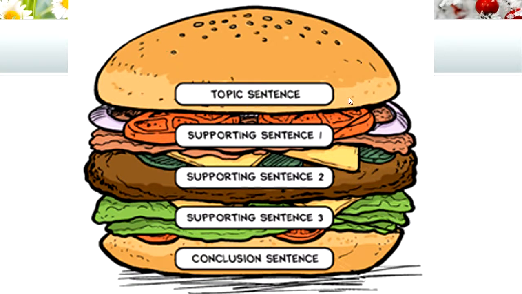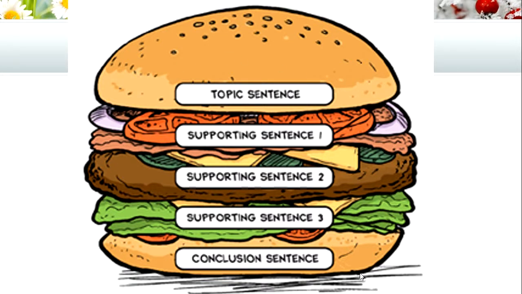The top bread is what we have learned previously, that is called topic sentence. A sentence that controls the whole idea of the paragraph. And then at the bottom we have conclusion sentence, a sentence that concludes.